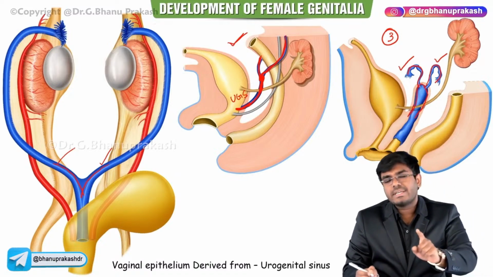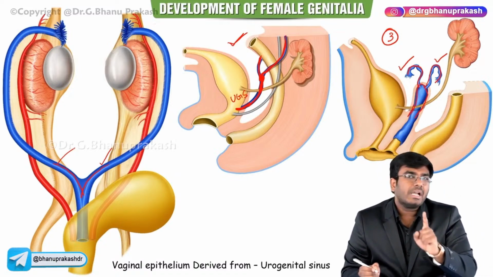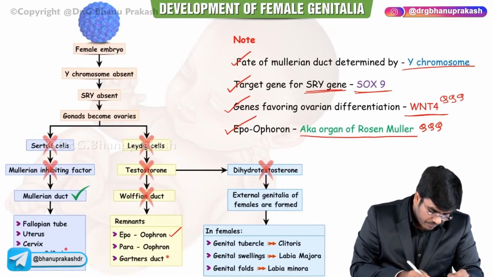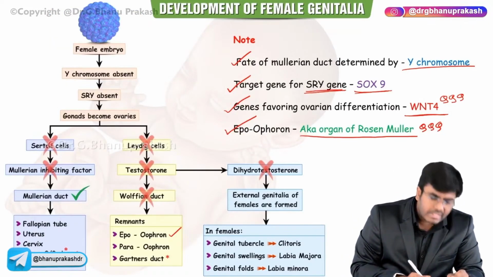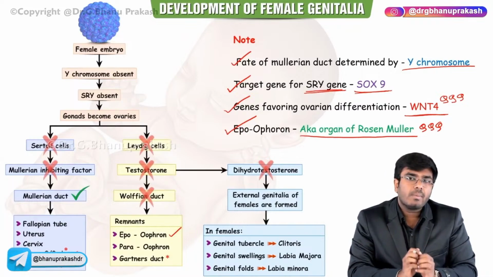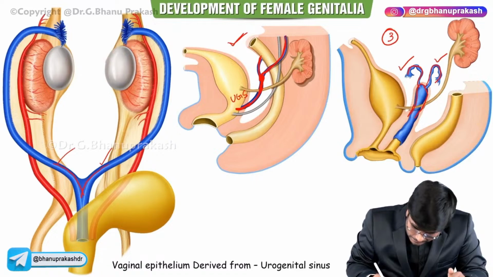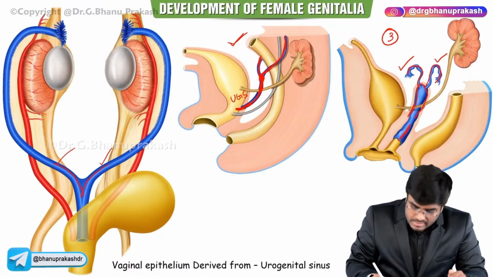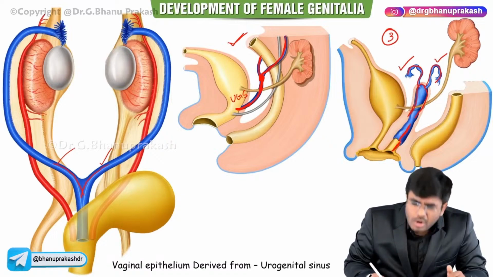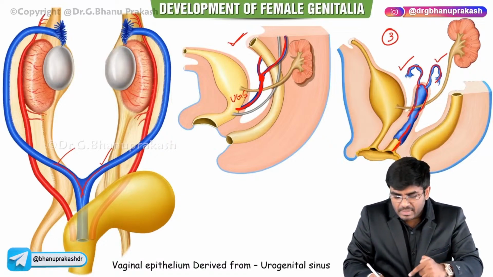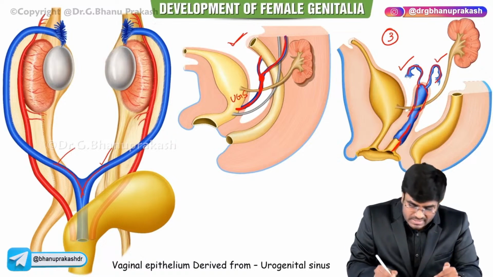But please concentrate, guys, very important concept that we have discussed from the previous slide. The upper two-thirds of the vagina is derived from the Mullerian duct. But what about the lower one-third? Now we will discuss. Guys, please see, this is the upper two-thirds of the vagina. This is the lower one-third of the vagina. The lower one-third of the vagina is coming from that yellow structure. What is this yellow structure, guys?